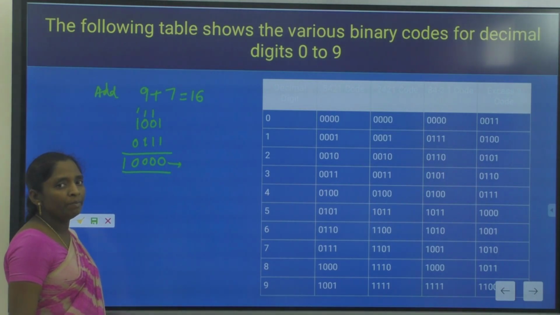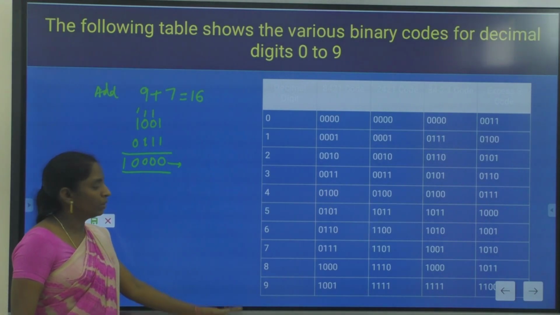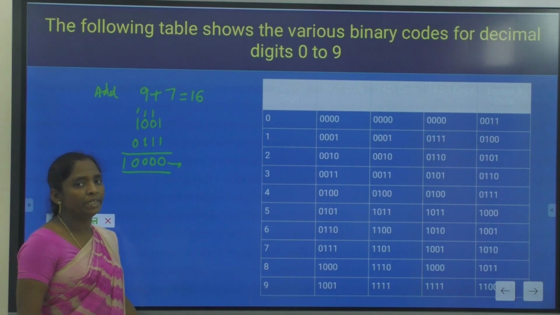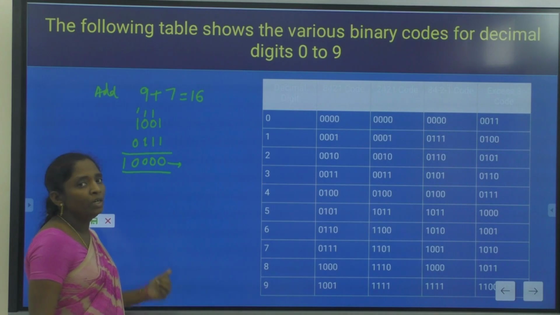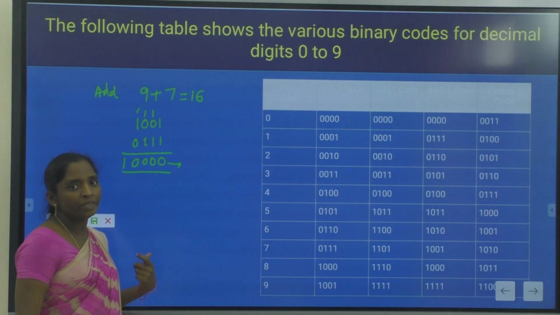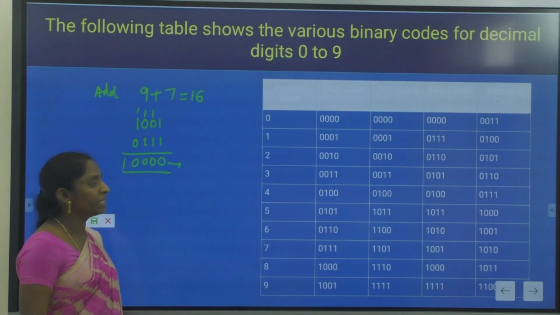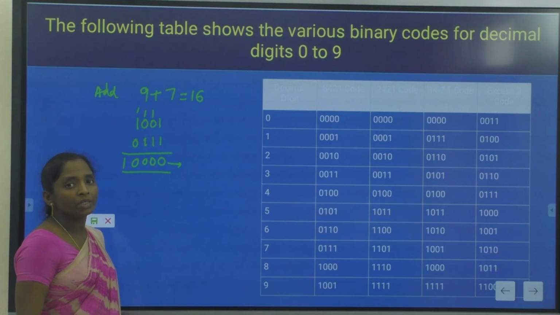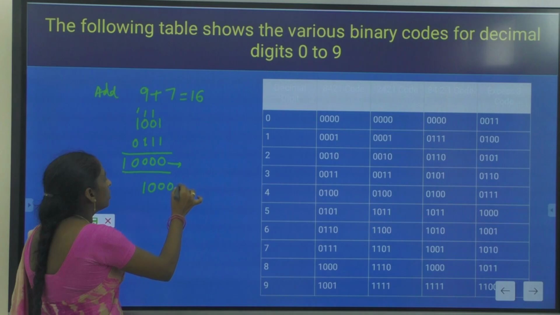To get the valid BCD number, if the result is greater than 9, because we have the BCD numbers till 9 only, the sum is invalid BCD. To correct the value, to get the valid BCD number, add 6 to the sum. So what is the sum here? 1 0 0 0 0.